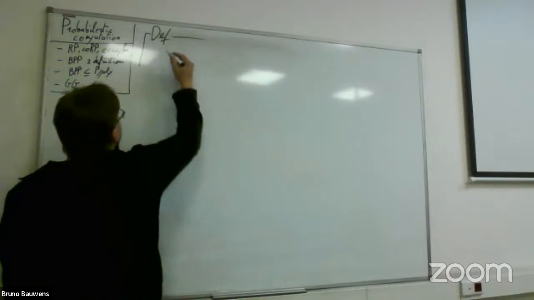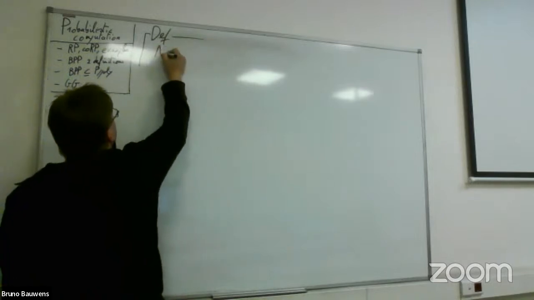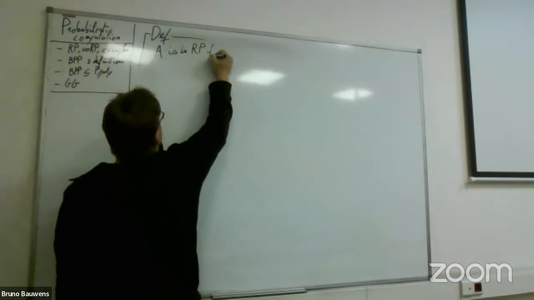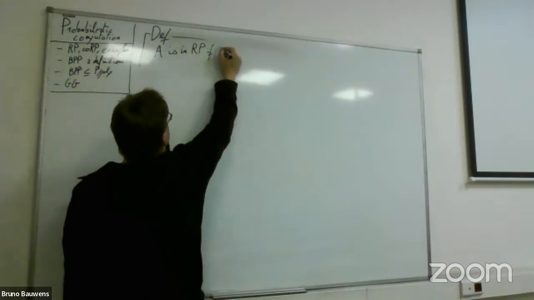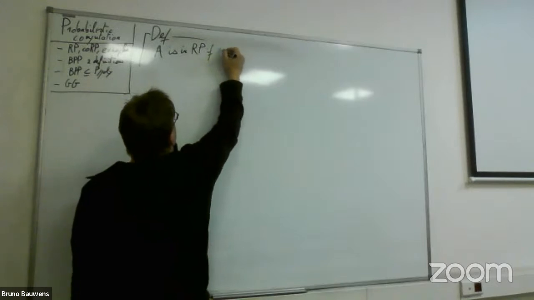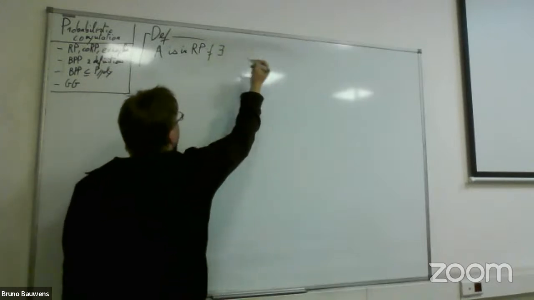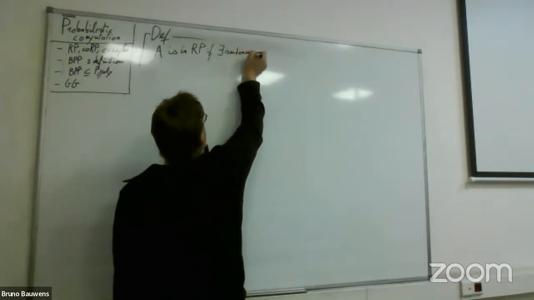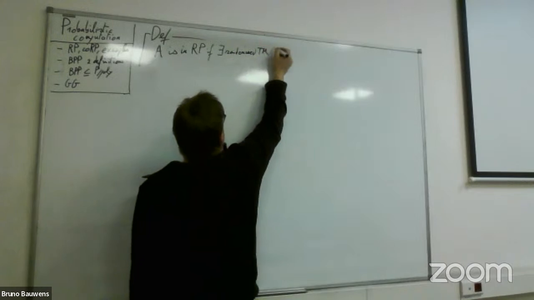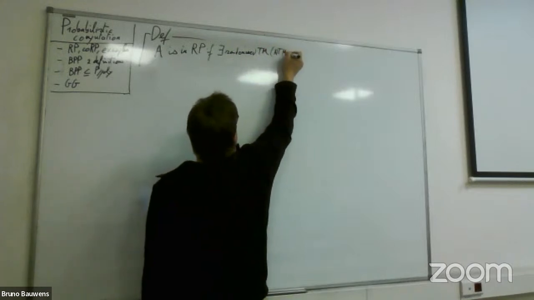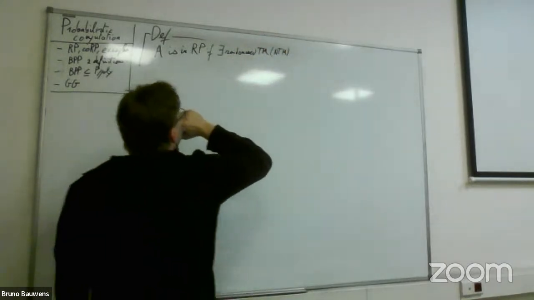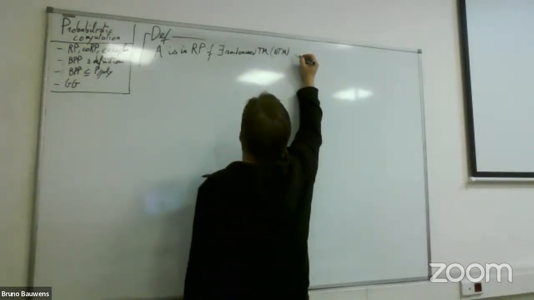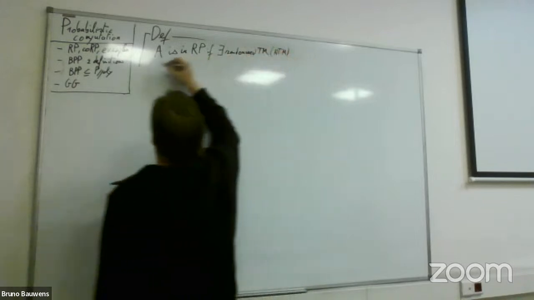Okay. So we say that A is in RP if there exists a randomized Turing machine. So let's say a non-deterministic Turing machine, and a polynomial.